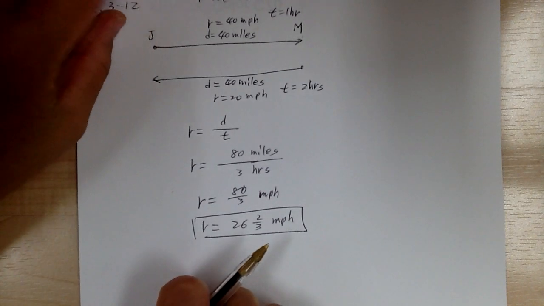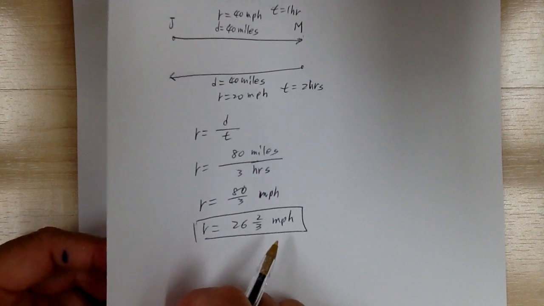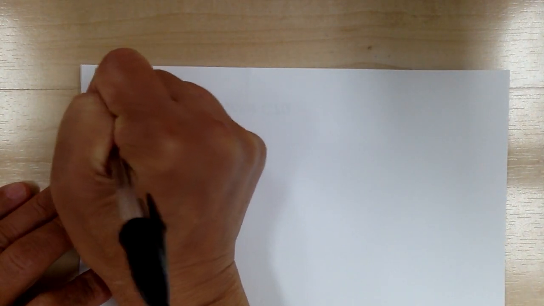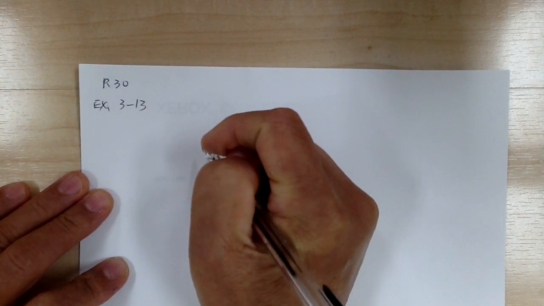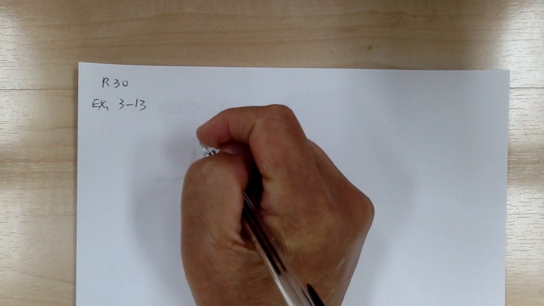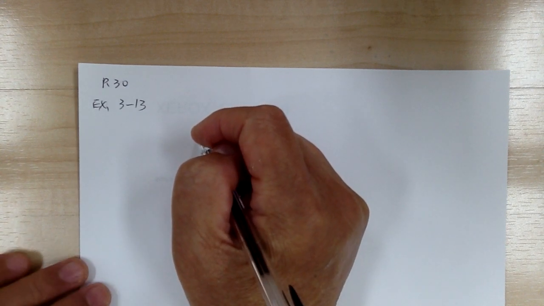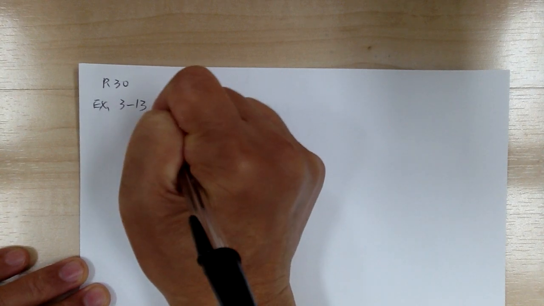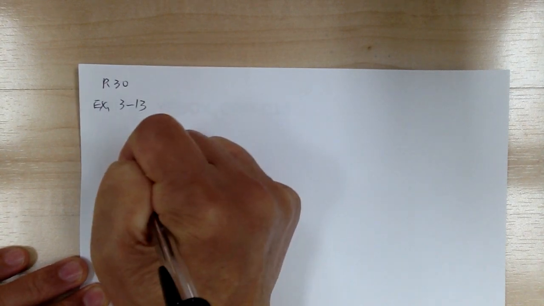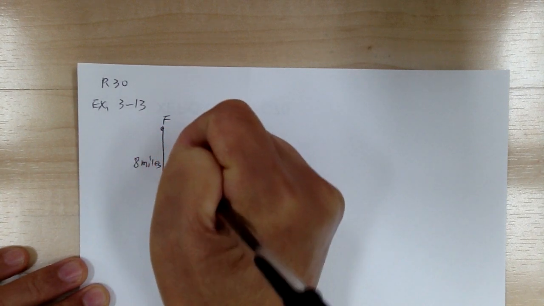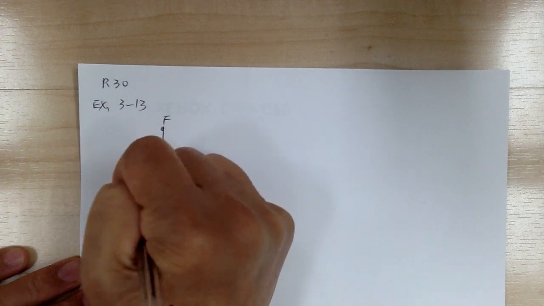Okay, let's go to the next example, 3-13. So a frog swims 8 miles downstream in 2 hours.